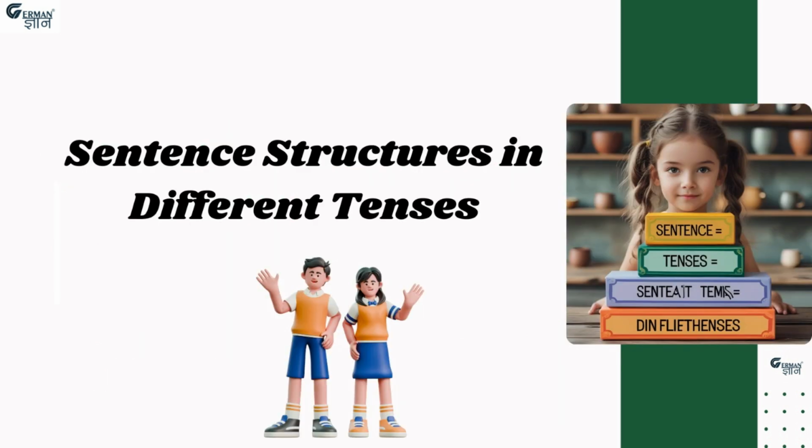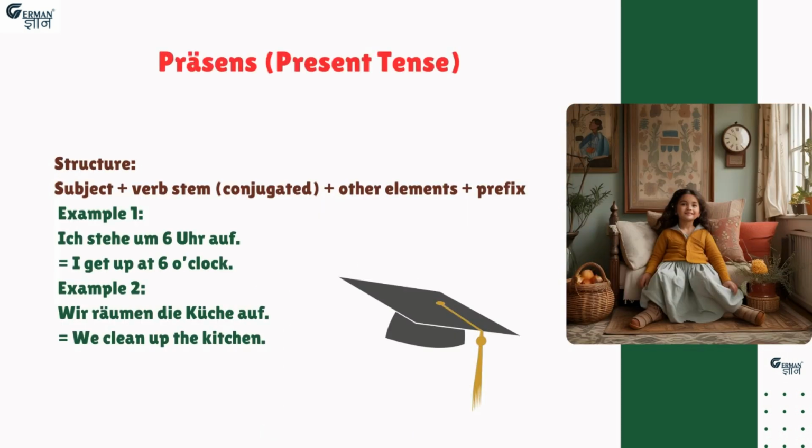Let's understand the sentence structure of Trennbare Verben in different tenses. First is the Präsens, means the present tense, and in this tense the structure is, first you write the subject, then the verb stem, means the main verb which gets conjugated according to the subject, then you write the other elements such as objects, and at the end of the sentence you write the prefix of the verb.